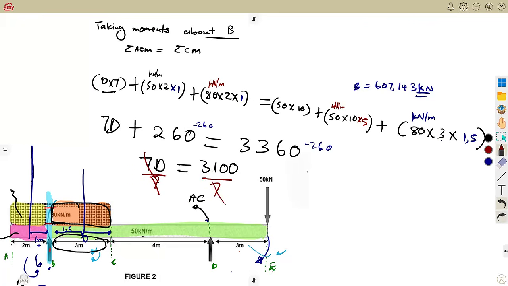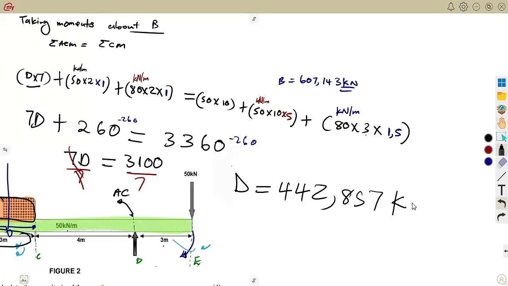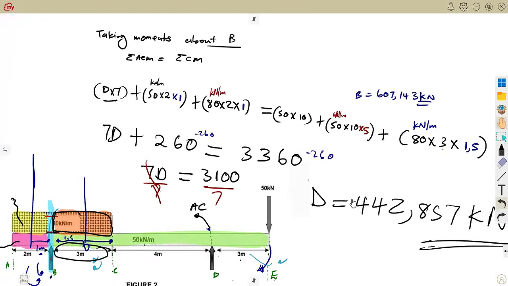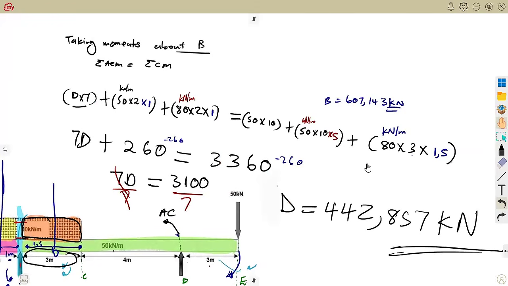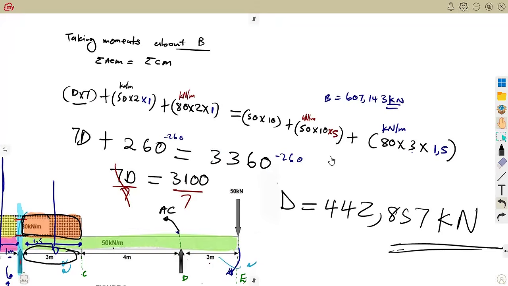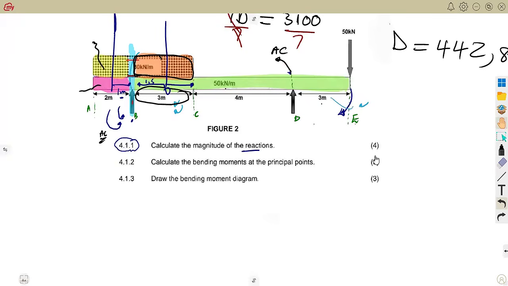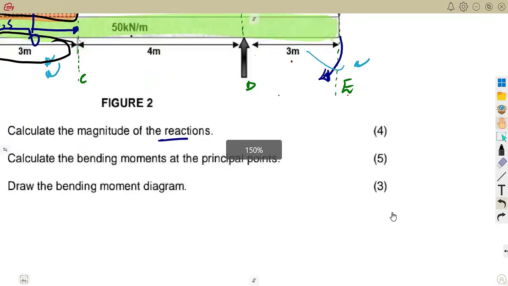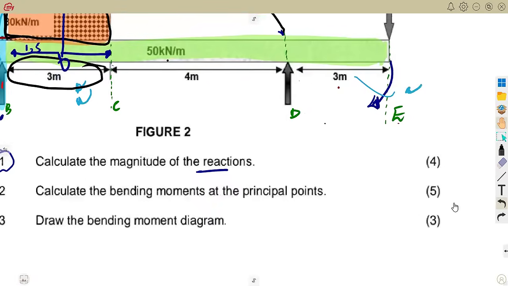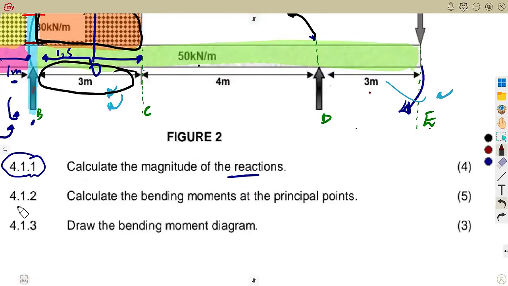So dividing by 7 here, that was going to give us 442,857 kilonewton. That's it, guys. So after that, you can even test your answers. That is it. Just like that. All right. So it was a lot, not that much. It is just for you to understand, but otherwise, guys, it's not that much. Yes, just direct question if you understand this.